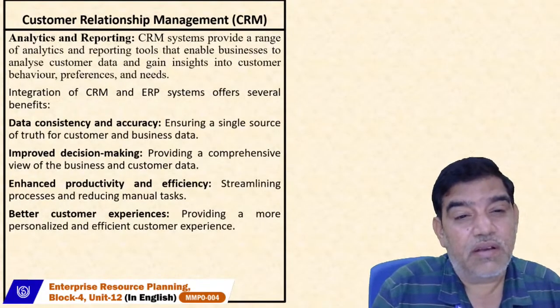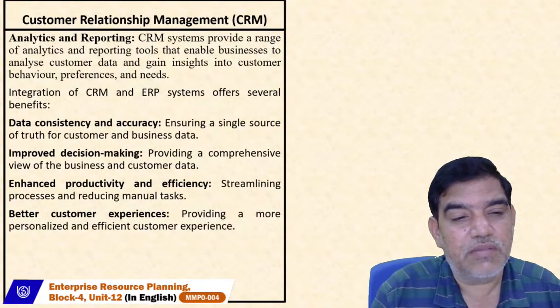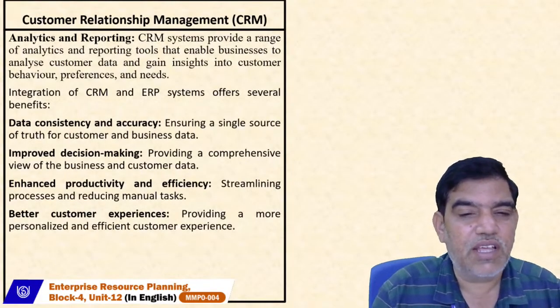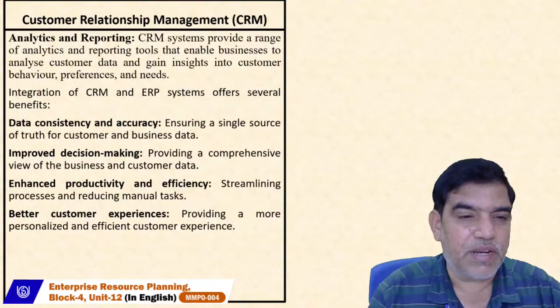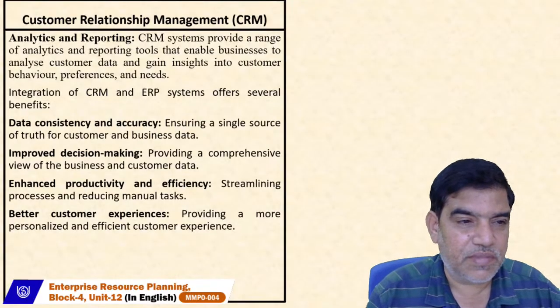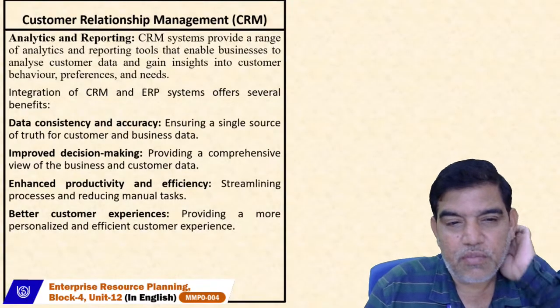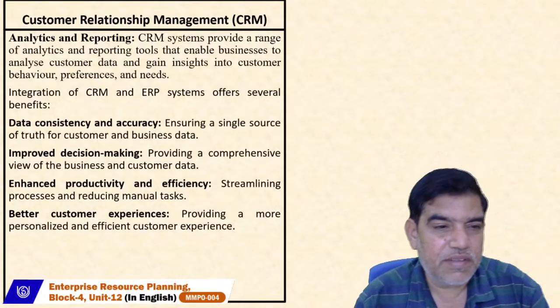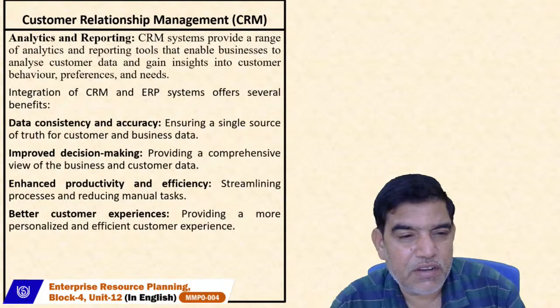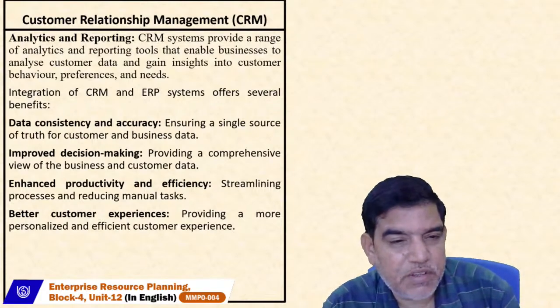Then data consistency and accuracy means we have to ensure that only the true, accurate data are stored permanently. Then improved decision making: providing a comprehensive view of the business and customer data. So always on the basis of that customer data, the decision making process will be done.